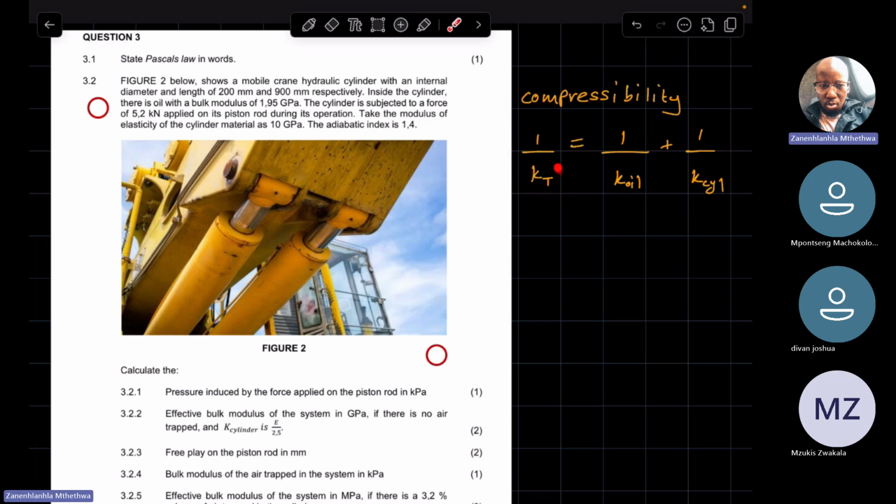And then to calculate the total bulk modulus, you have to solve for the total. So Kt is equal to the inverse of 1 over K, which is the bulk modulus of oil, plus 1 over the bulk modulus of the cylinder, or of the material of the cylinder. This is how you calculate the total bulk modulus, or the effective bulk modulus.